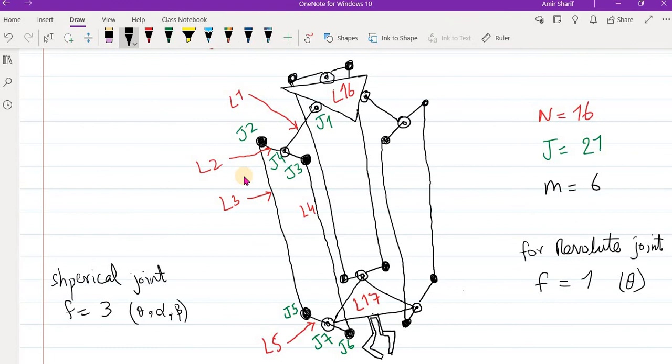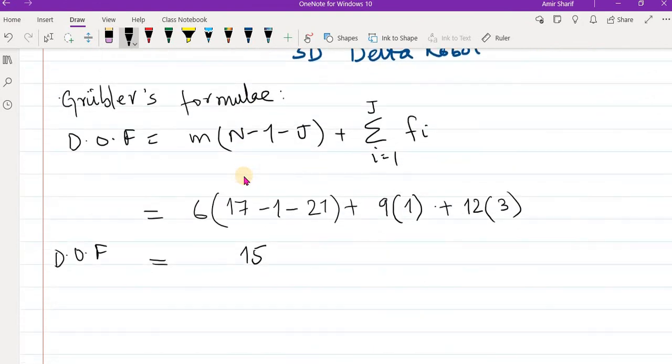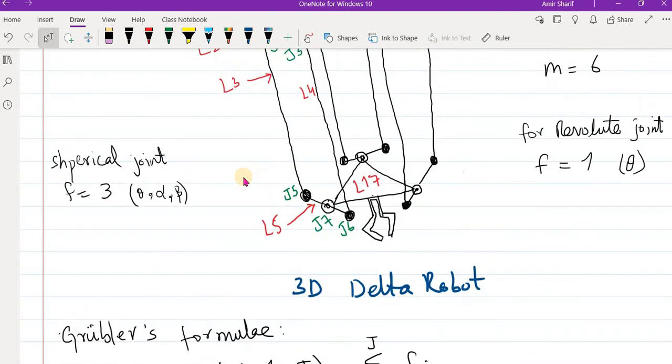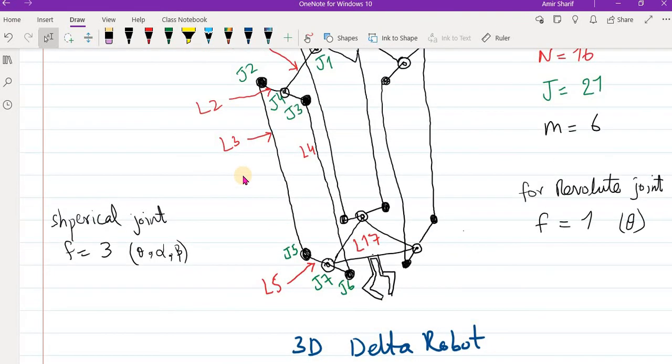And the thing is, your end effector or the gripper will only have 3 degrees of freedom. This is because it can only move in X, Y, and Z directions. It cannot rotate, it cannot tilt, but it can only move along the X, Y, and Z axes.